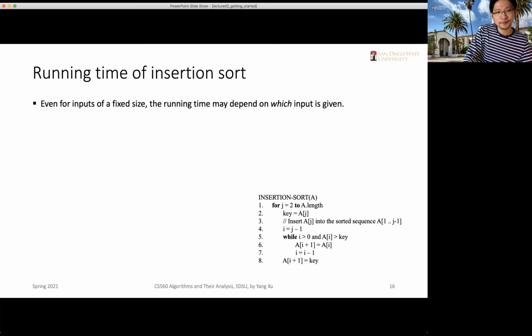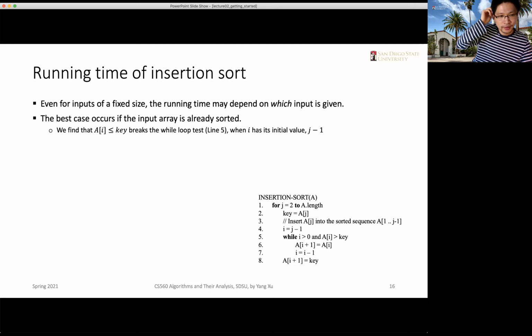So the best case is that if the input is already sorted, then when we compare the key, which is AJ here, we will find that all the elements before AJ are smaller than AJ, which means this while loop will immediately break, right? Because all the numbers before J are smaller than the key, smaller than AJ. So the body of the while loop will never be executed.